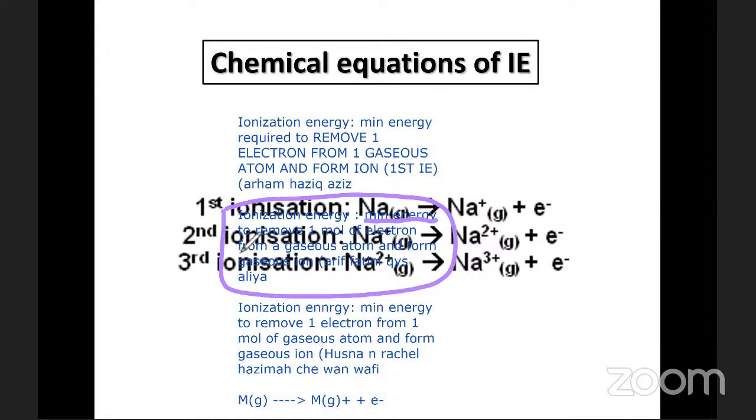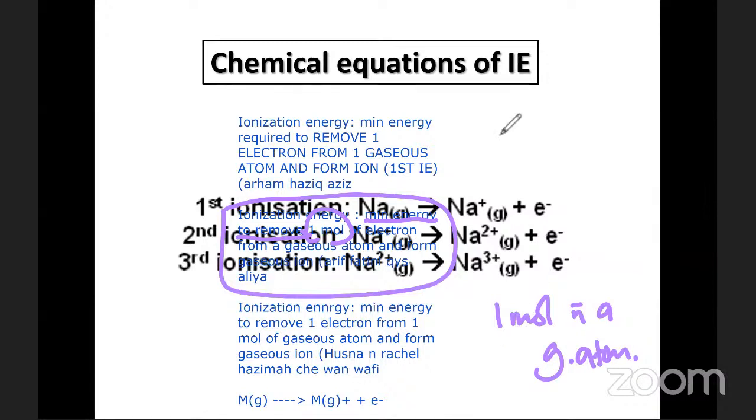Minimum energy required, okay, that is the definition untuk IE lah, ataupun ionization energy, to remove 1 mole of electron from a gaseous atom. So 1 mole and a gaseous atom. So dia salah sebenarnya.